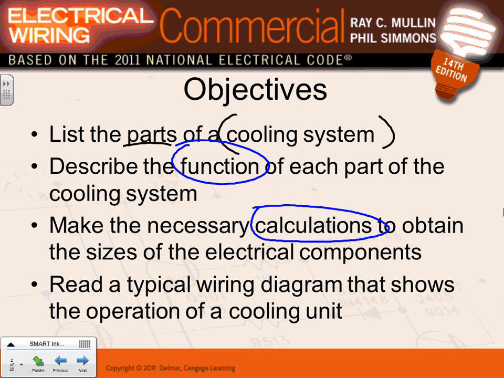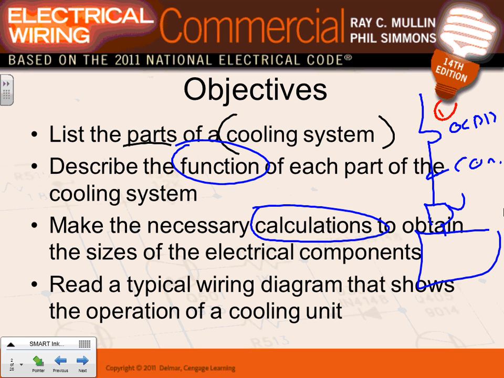We need to be able to size, guys, the conductors. For us, electrically speaking, I care about the following: overcurrent protection device, conductor, disconnect, and machine. These are the things that I need to be able to size. I need to be able to size these 3 things for a motor.